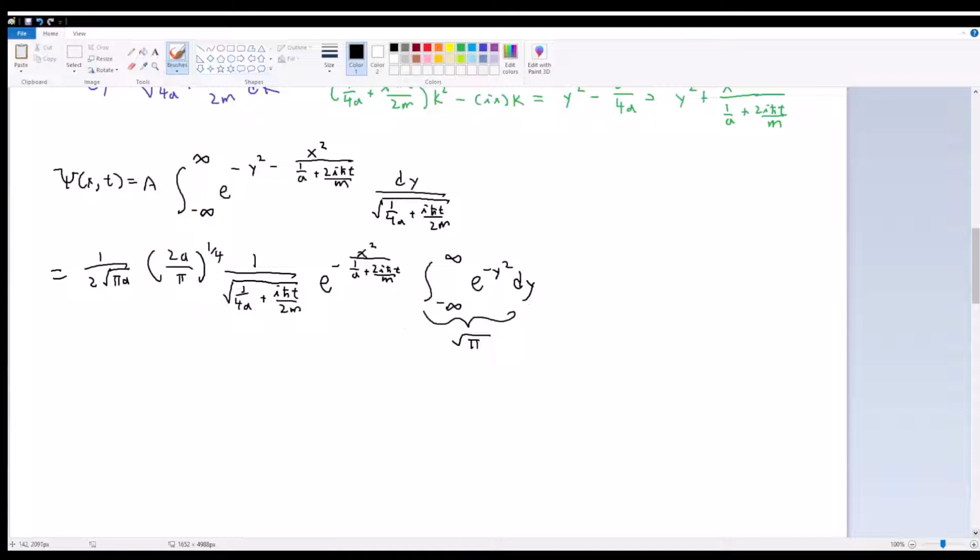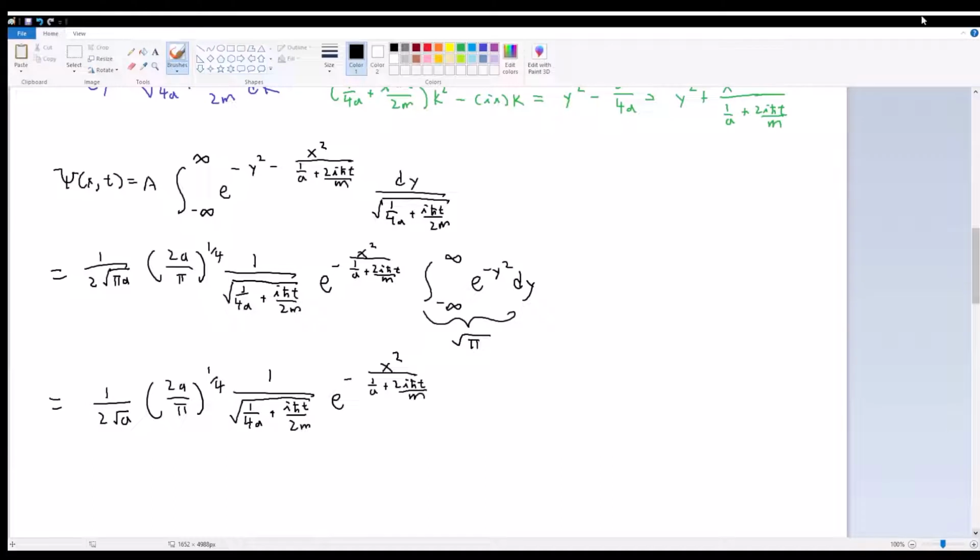So the square roots of pi cancel, so what we're left with is 1 over 2 square root of a times 2a over pi to the power of 1/4 times 1 over the square root of 1 over 4a plus i h bar t over 2m, and then e to the negative x squared over 1 over a plus 2i h bar t over m. And technically, we have our answer.